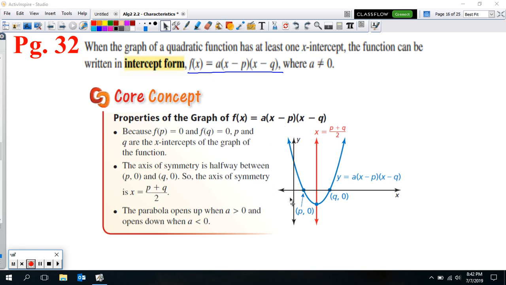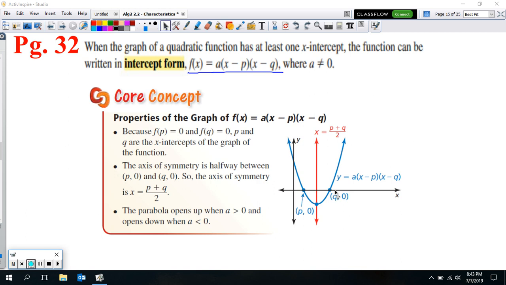So that's what we're looking for, the P and the Q numbers are where you're going to see these x-intercept numbers, right there. If it's in this intercept form, you'll notice the P and Q numbers are where it's going to cross through the x-axis. Those are your x-intercepts.